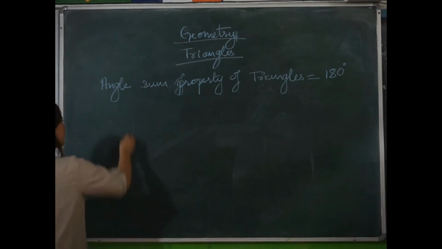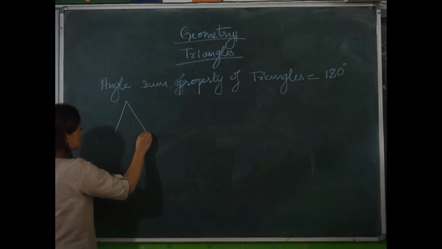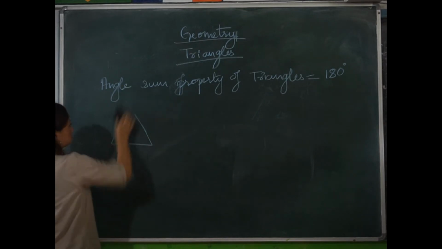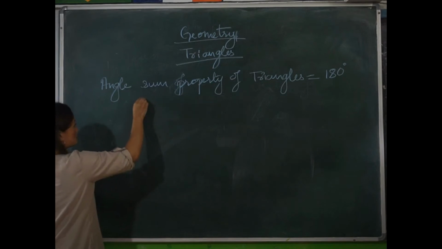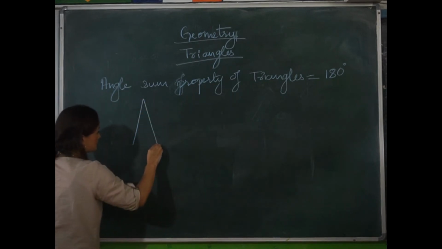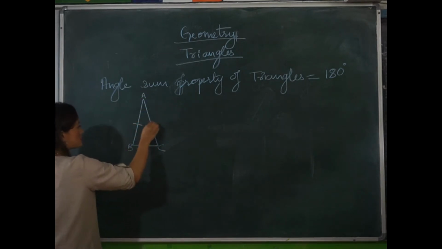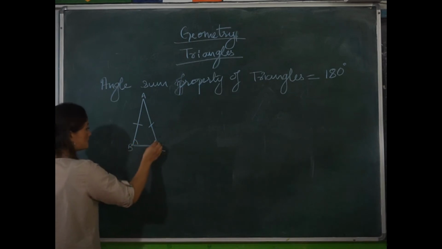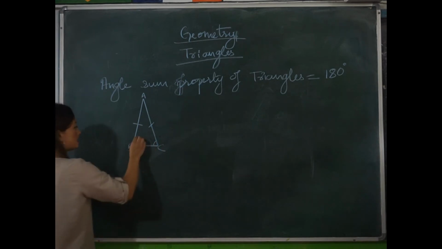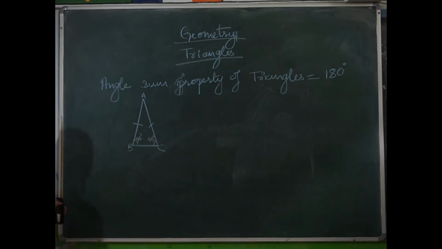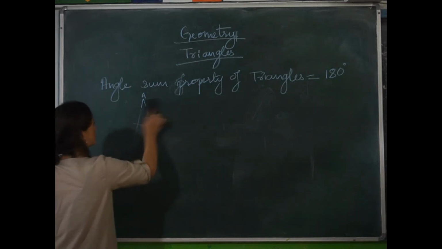So this is your angle sum property of triangles. Then another one is for an isosceles triangle. Say this is an isosceles triangle which has 2 sides equal. So the angles opposite would also be equal. And each equal angle of an isosceles right triangle measures 45 degree each.